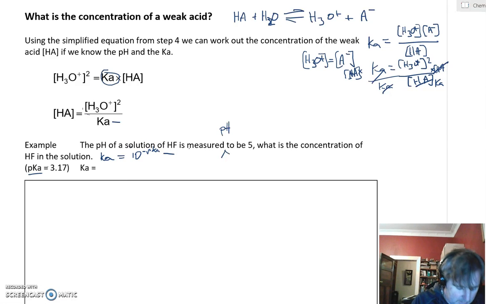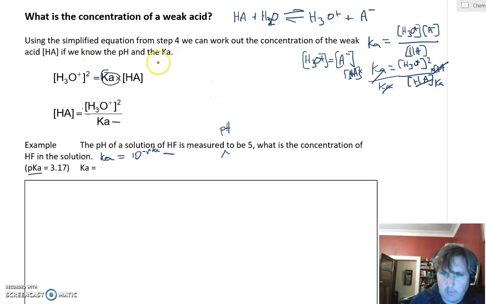So I've got shift, log, and negative 3.17. Okay, so we've got 6.76 times 10 to the negative 4.